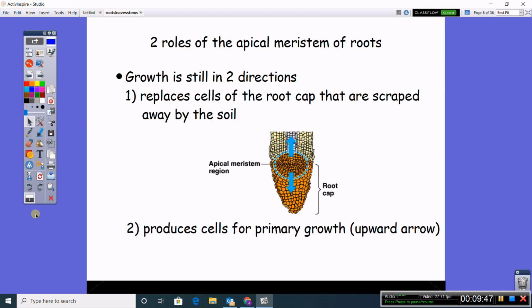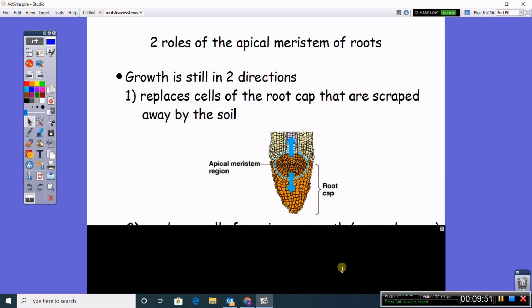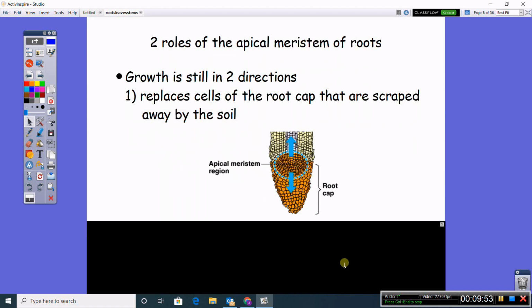Okay, let's see what else. Two roles of the apical meristem in roots. Growth is still in two directions, so it's going to replace cells of the root cap that are scraped away by the soil. It's kind of like the cells on our skin, maybe on your arm.